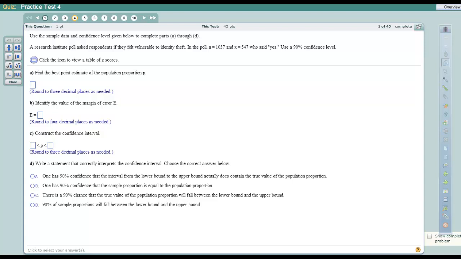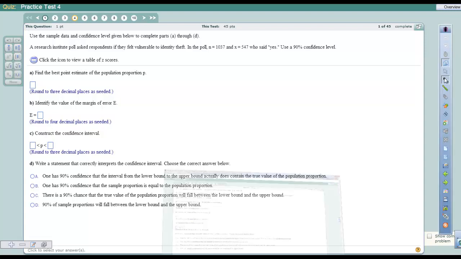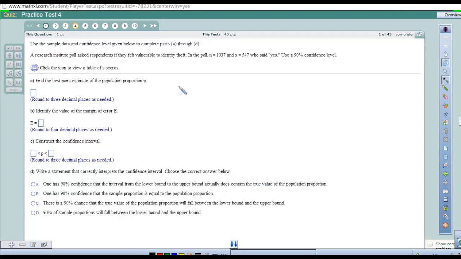The first thing they want us to do is find the best point estimate for the population proportion p. The best point estimate is p hat, which is equal to x divided by n, so 547 over 1037. Identify the value of the margin of error.